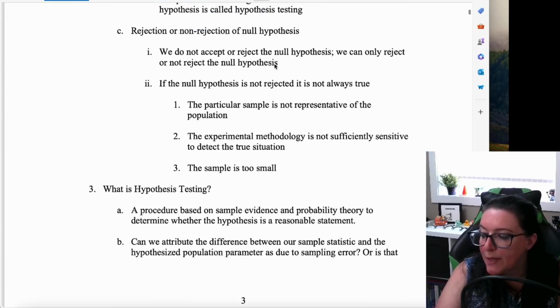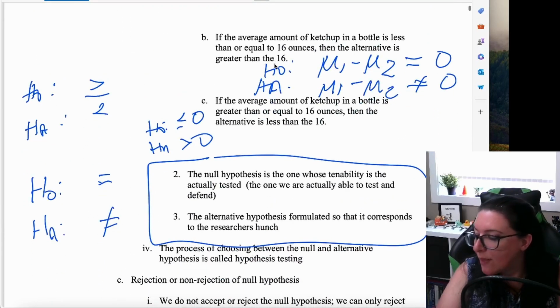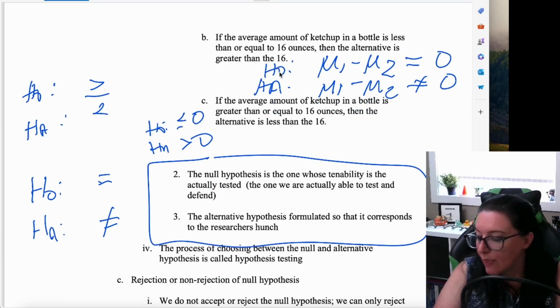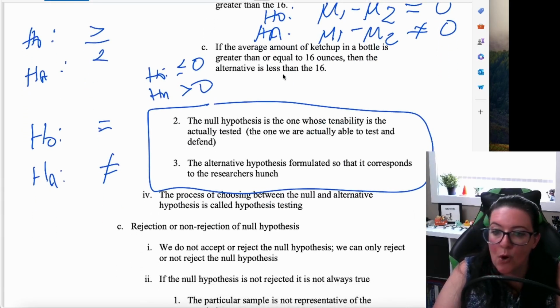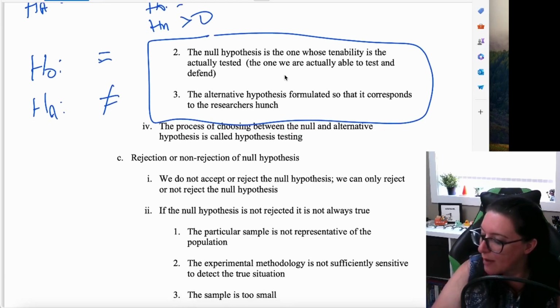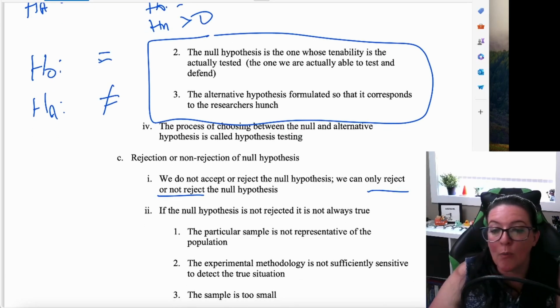What we're going to be doing is rejecting the null hypothesis or not rejecting the null hypothesis. So we never accept the null hypothesis, we only reject or do not reject.